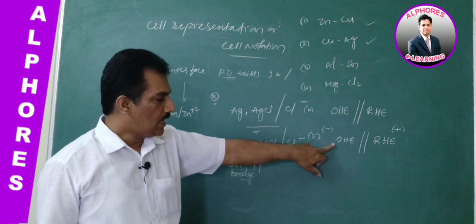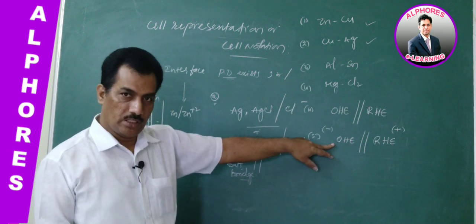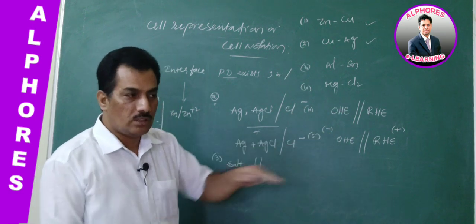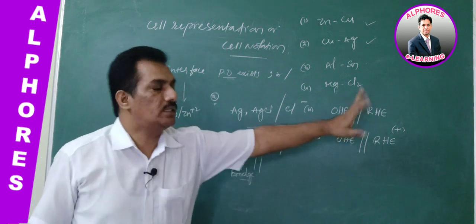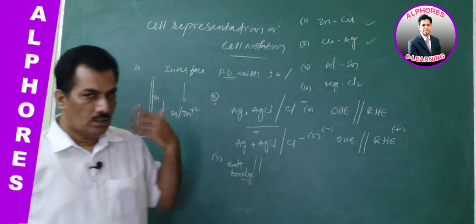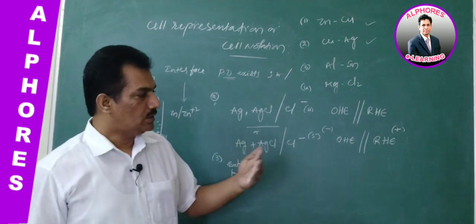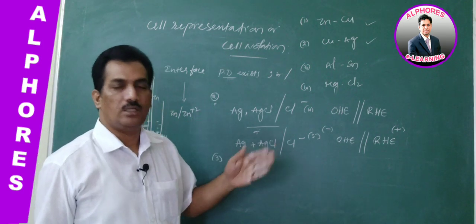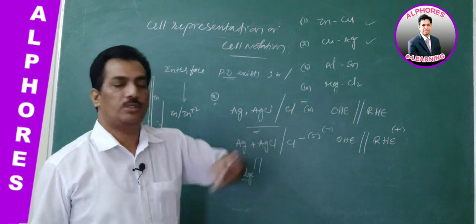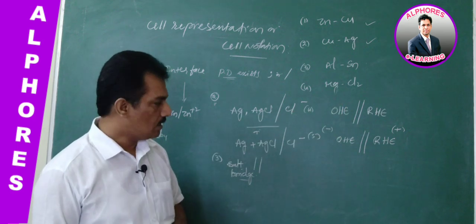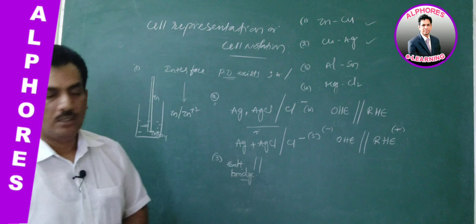Why? Because at the anode, electron accumulation takes place, thereby negative charge develops, and that charge is symbolically represented like this. And at the cathode, electron absorption, that is electron withdrawing, takes place, and thereby it creates positive charge, and it is represented with a positive sign. Clear? These are different notations.